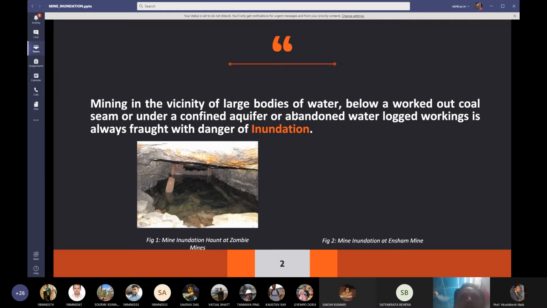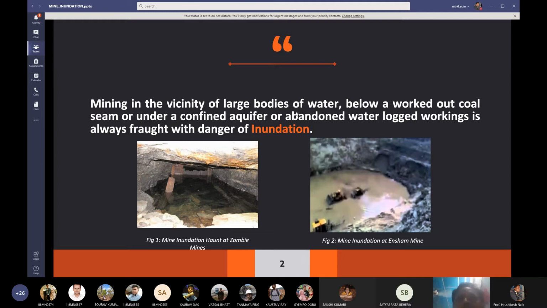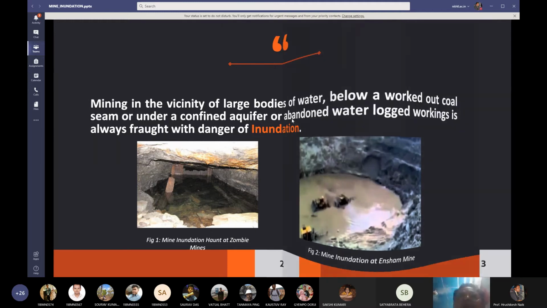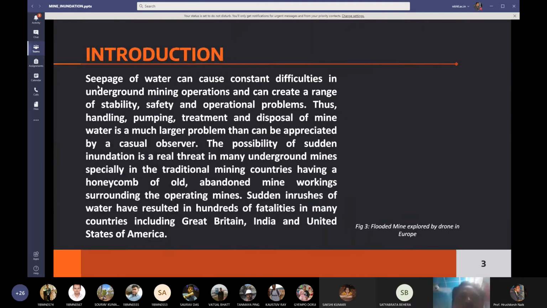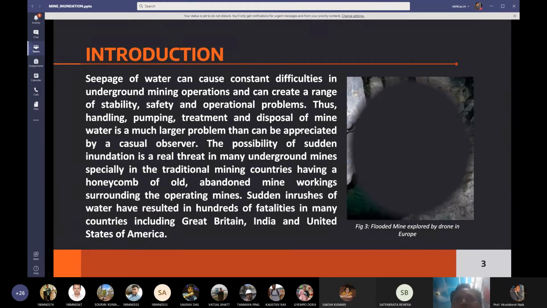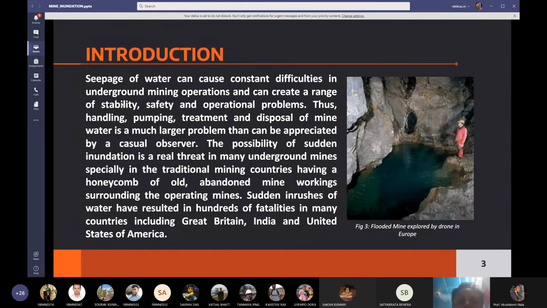So these are the mine inundations in some mines. What is inundation? It is nothing but the seepage of water. Seepage of water can cause constant difficulties in underground mining operations and can create a range of stability, safety, and operational problems.